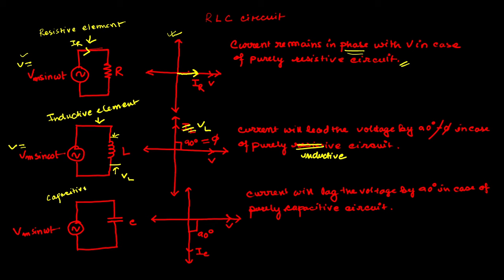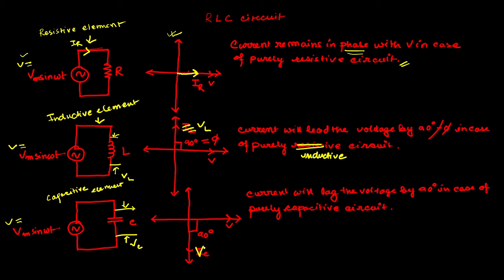Now coming to the third diagram, where it is a purely capacitive circuit, or only a capacitive element is incorporated within the circuit. Here also the AC supply voltage is Vm sin omega t, and there is a capacitance which is represented by this, and the voltage drop across the capacitance is Vc, right?